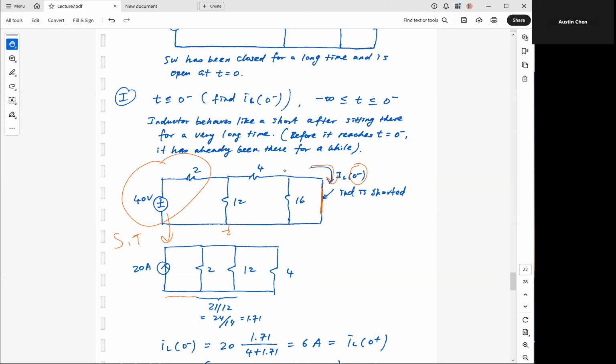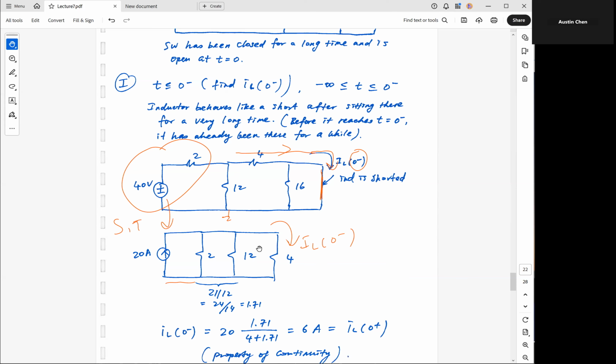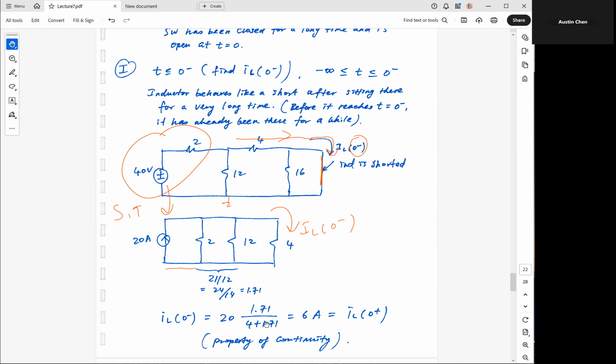If you look at the path, it's going this way. So we need to find the current passing through this 4 ohm resistor. If we find this current, then we know it is the same current flowing through this inductor. Then we're done. A simple current division will do.